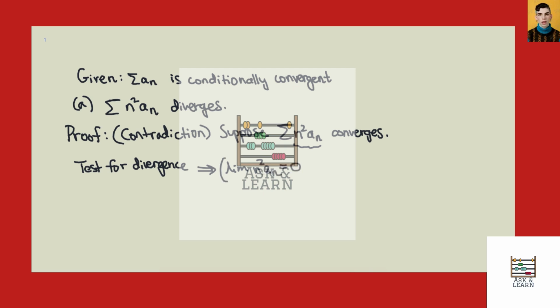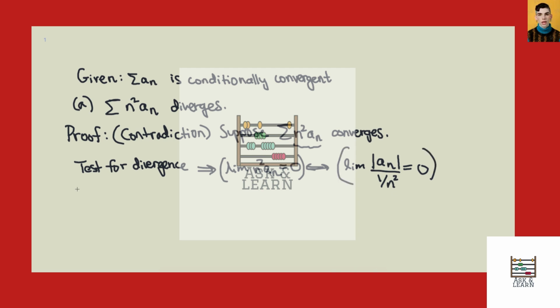But we can rewrite this in a way that'll be convenient for us. Let's rewrite the n squared as a fraction. And if this limit goes to 0, then I could go ahead and take the absolute value here as well. So let me throw the absolute value there.